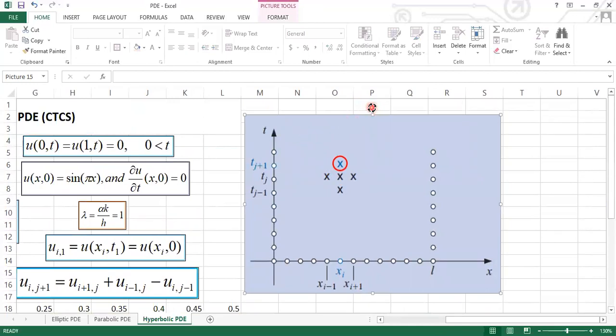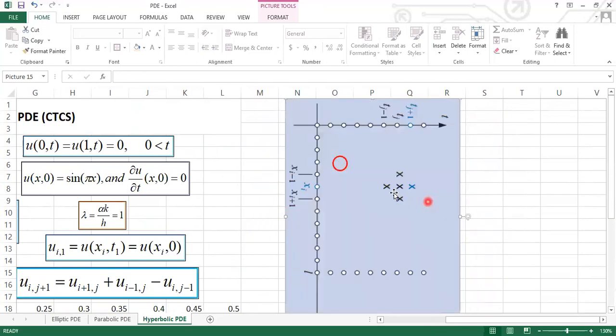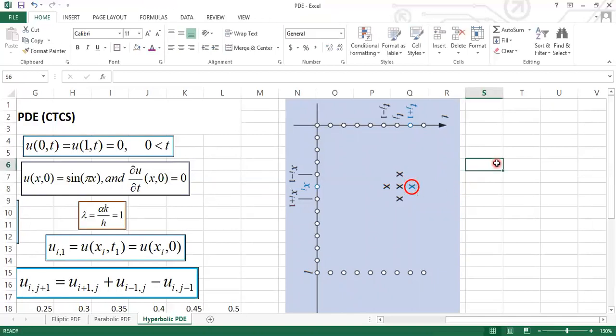I have to rotate this figure 90 degrees so that this is consistent with my definition. So that is going to be consistent with the stencil. Okay. So a value at this point will be in general a weighted sum of the values available at these points.